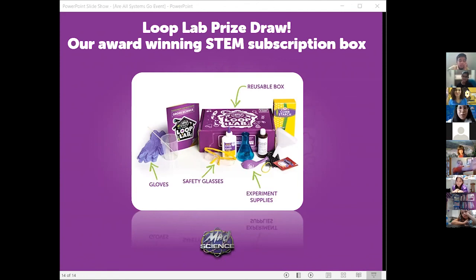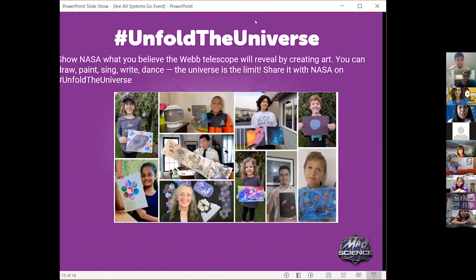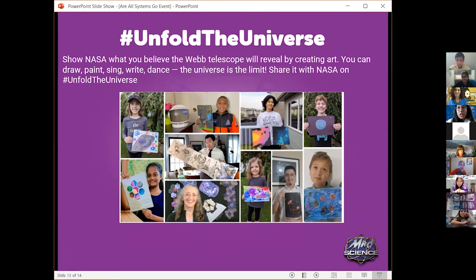And then I have one more really cool thing to tell you guys about. This is NASA's Unfold the Universe Challenge. You guys learned a ton today, and we want you to share what you learned with NASA. What do you think the Webb Telescope is going to reveal? They're asking you to create some art. You can draw, you can paint, you could sing, you could write, you could dance.